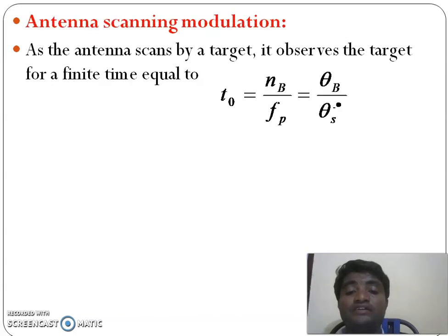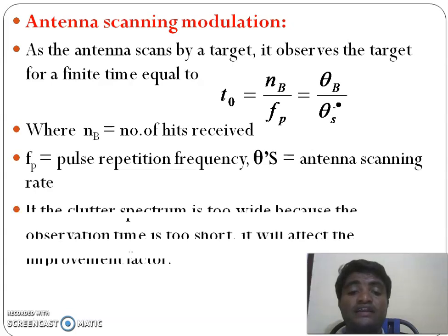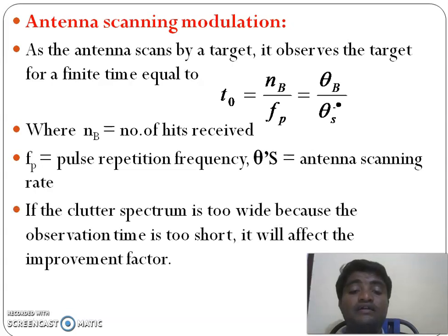That time is t0 = nB/fp = θB/θS', where nB is the number of hits received, fp is the pulse repetition frequency, θS' is the antenna scanning rate, and θB is the antenna beam width. If the finite time on the target, or observation time, is short, the clutter spectrum will be broader.